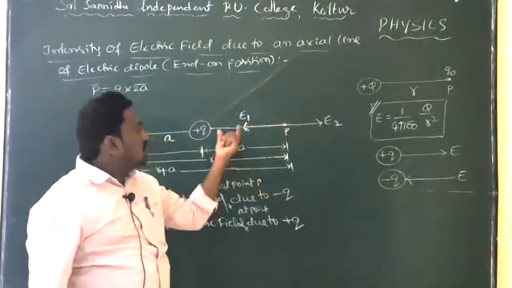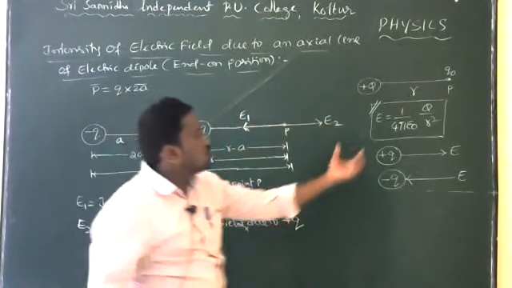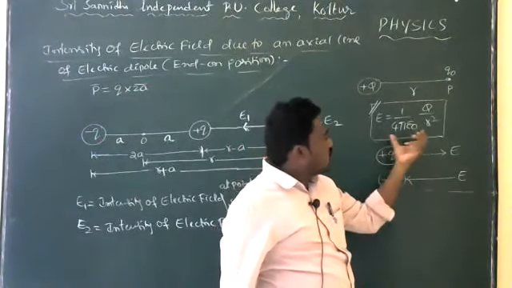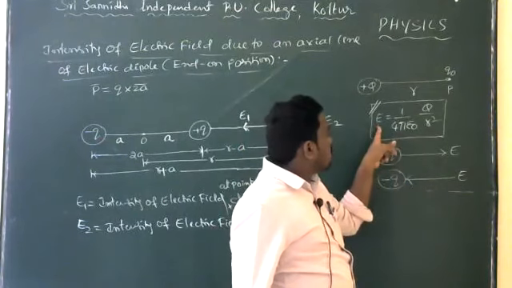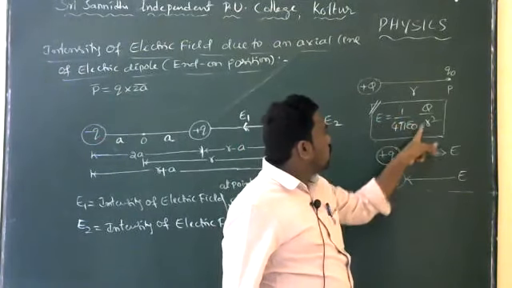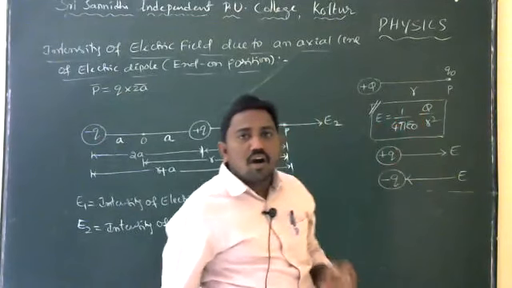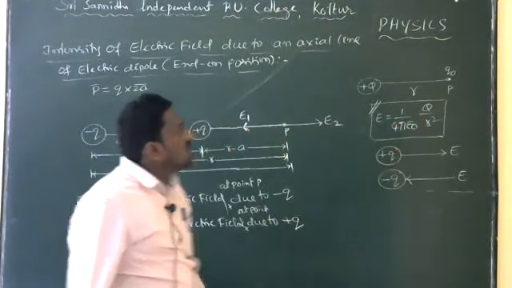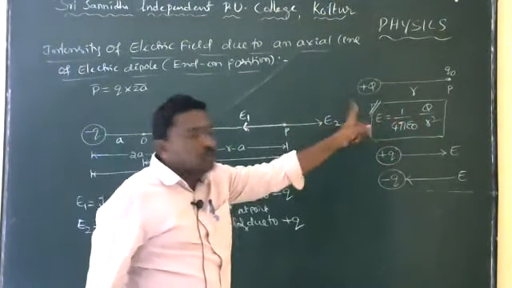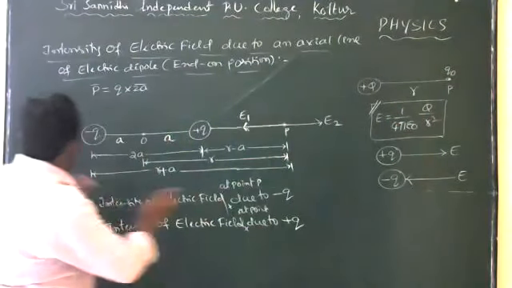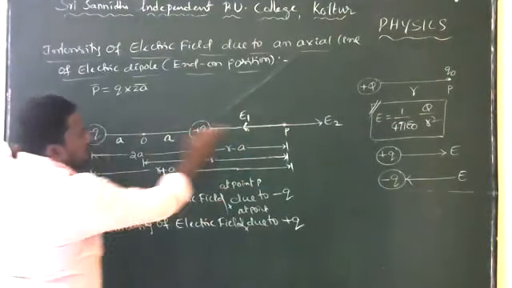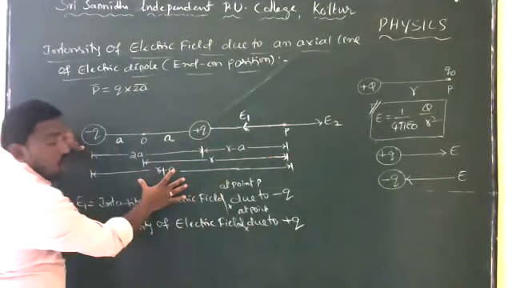Now calculate E1 and E2 values using this formula. This is a very important formula. What is the formula for E? E is equal to 1 by 4 pi epsilon naught q by r square, where r is the distance from point P to the charge. How far is point P from the minus q charge? r plus a.